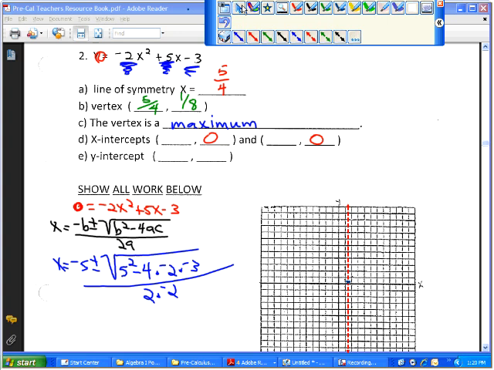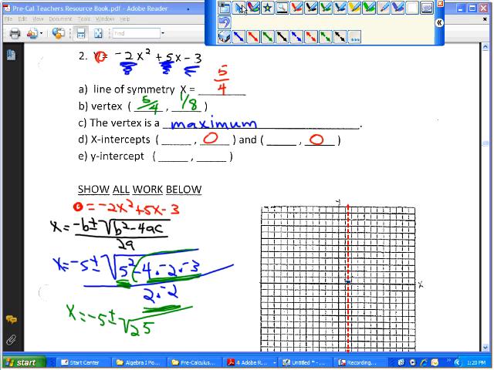So what we can do here is do this exponent, do that multiplication, and do this multiplication on the bottom. So we're going to have x is equal to negative 5 plus or minus the square root of 5 squared is 25.